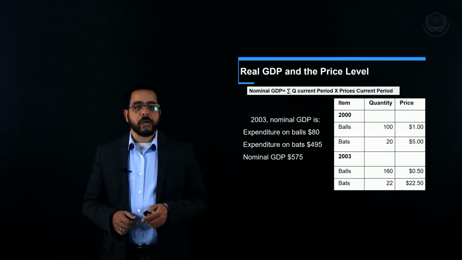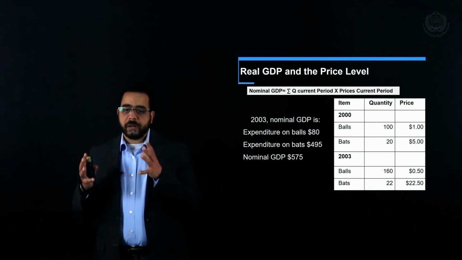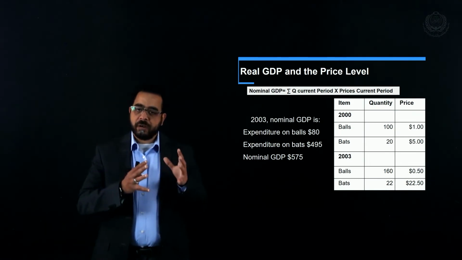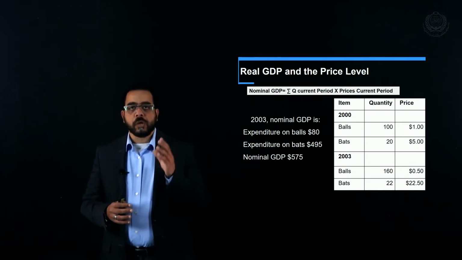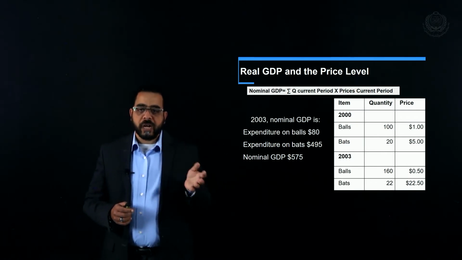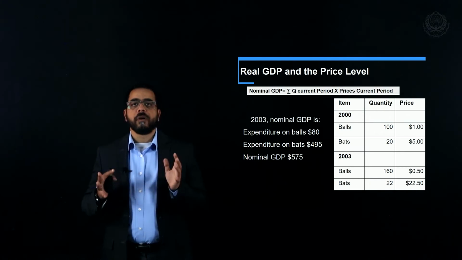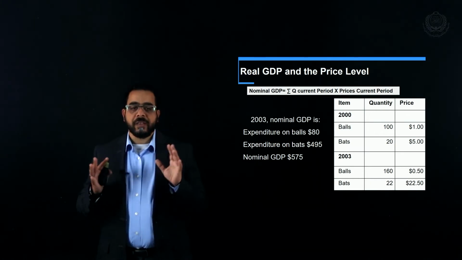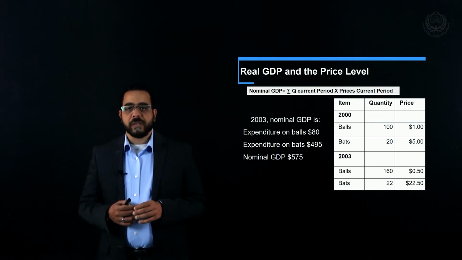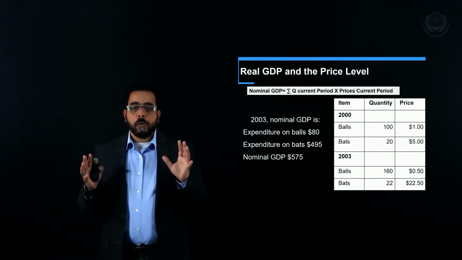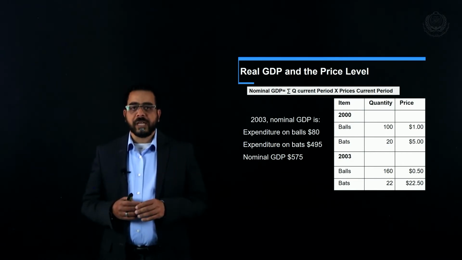What about in 2003? I'm going to use the current prices of 2003 and the current quantities of 2003. So it's 160 times 0.5, which equals 80, and 22 times 22.5, which equals 495, and the total is 575. So what we have done here is calculate the nominal GDP.